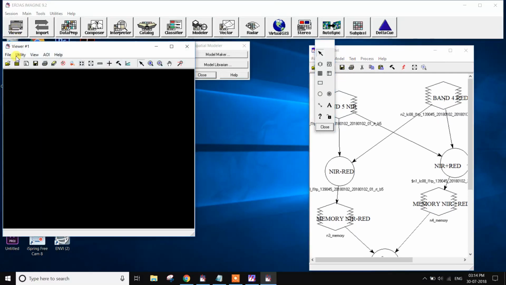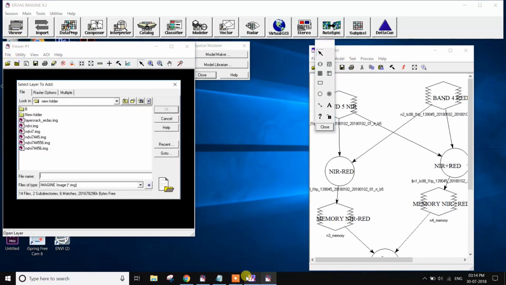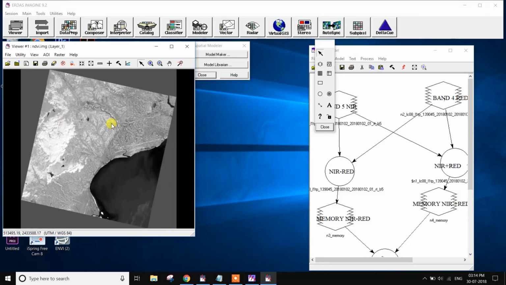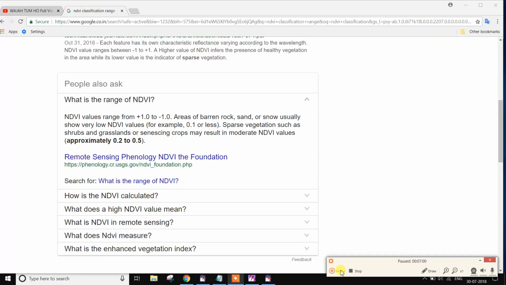Open this. There is the NDVI image showing vegetation. What is the range of NDVI? NDVI values range from +1 to -1.